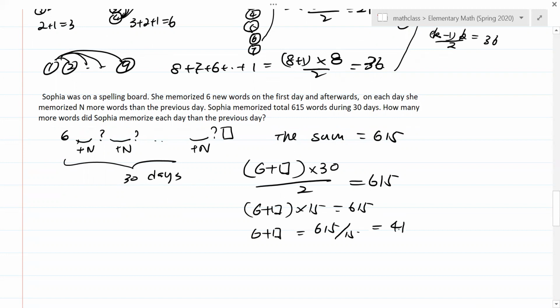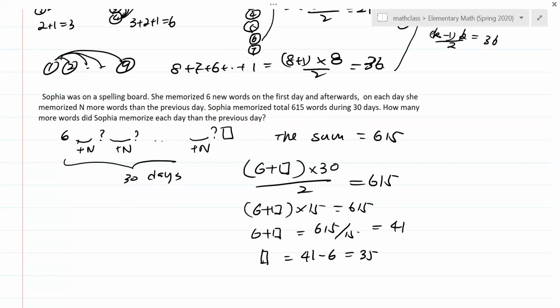So the sum of the words of the first day and the last day is 41, and the last day you memorized 41 minus 6, which is 35.